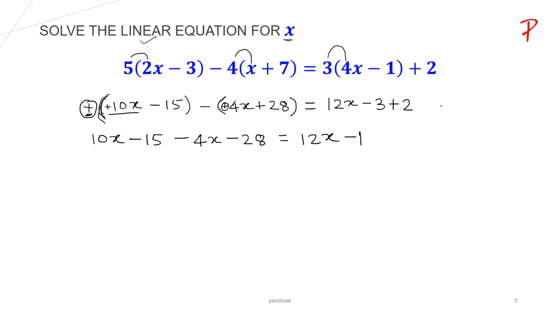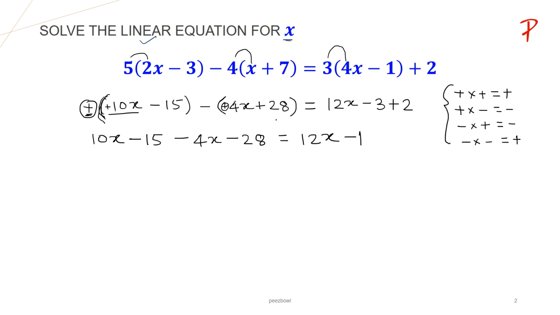Okay, so let me write down what I did. When plus is multiplied by plus, the result is a plus. When plus is multiplied by minus, the result is a minus. When minus is multiplied by plus, the result is minus. And when minus is multiplied by minus, the result is plus.